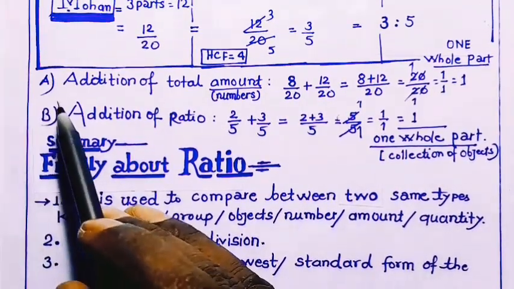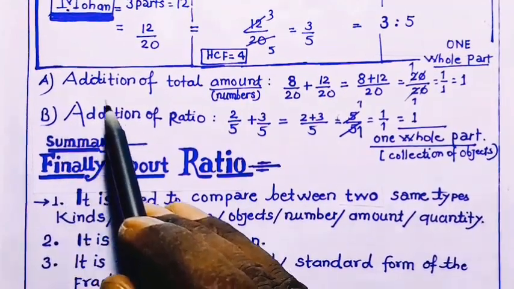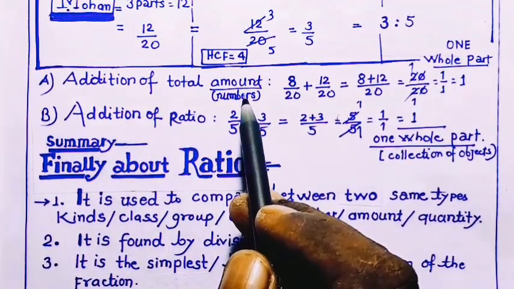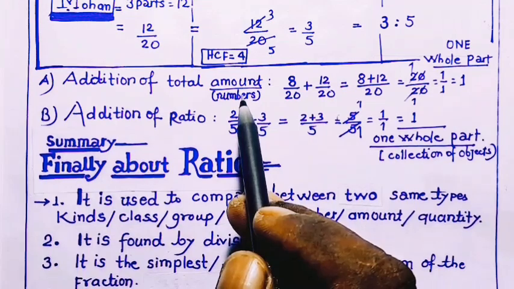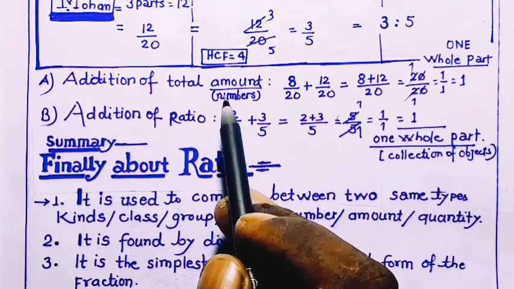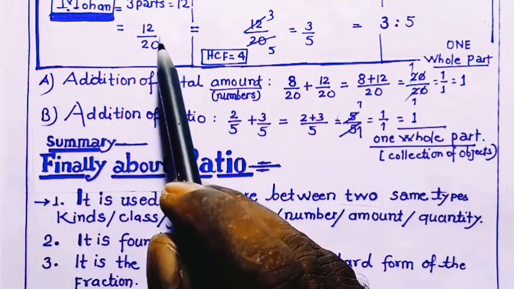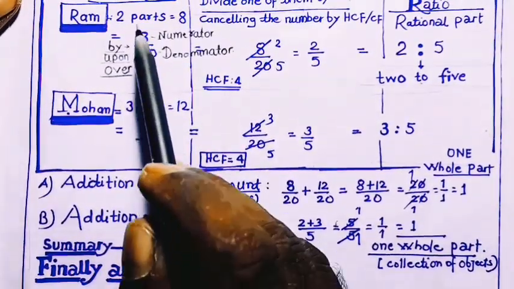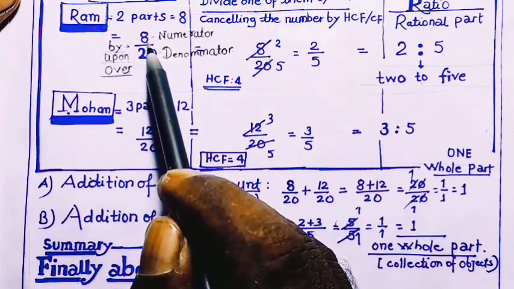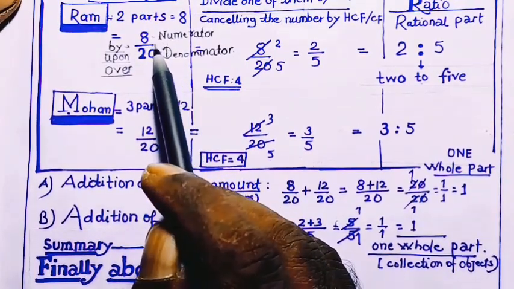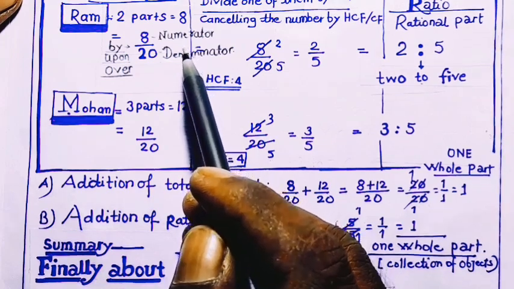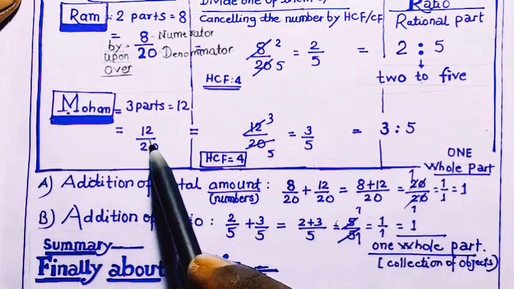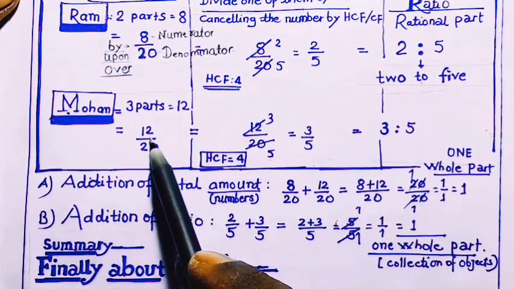The first is the addition of the total amount. As we know, Ram has taken 8 parts, this is the numerator, and Mohan has taken 12 parts.